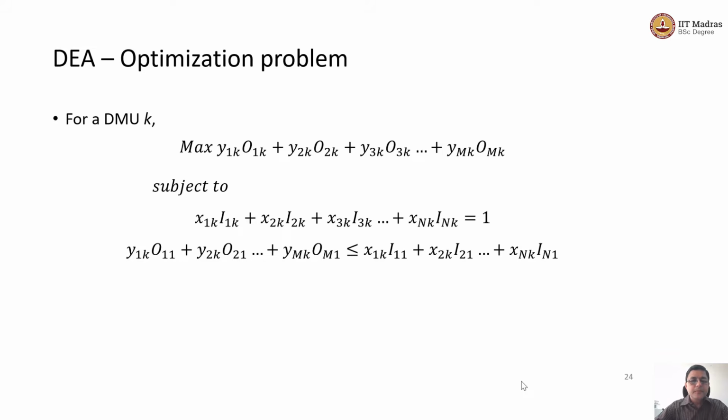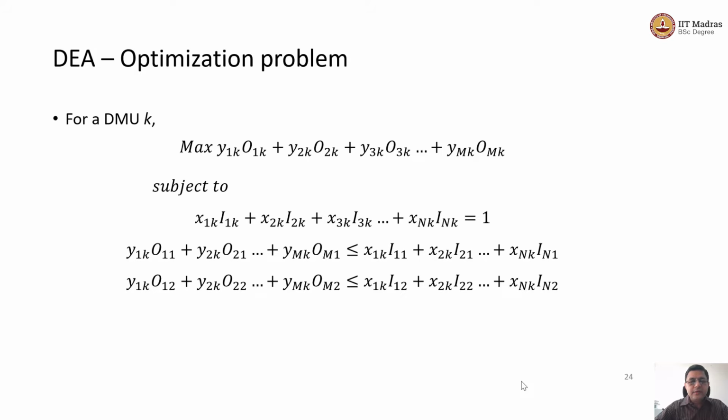DMU 1 is essentially using the weights assigned by DMU K and making sure that it doesn't get an efficiency of more than 1. On the right hand side of the constraint is X1K, the weight attached by this DMU to the first input, times I11, which of course is the first input for the first DMU.